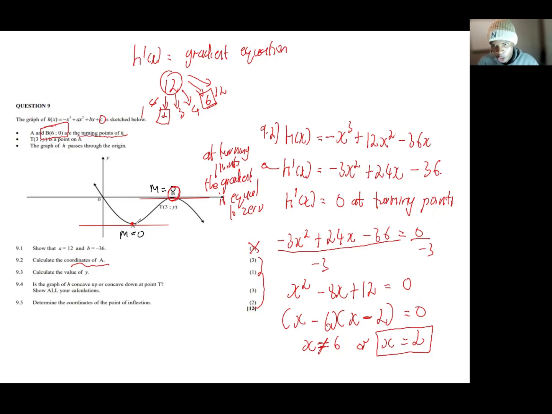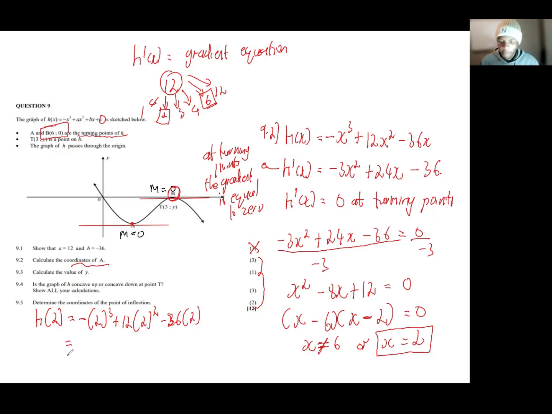So after calculating my x coordinate with the first derivative, I need to go back to the original equation and substitute this x coordinate to get the y coordinate. Where there is x now, you replace it by 2. So this is negative 2 cubed plus 12 times 2 squared minus 36 times 2.